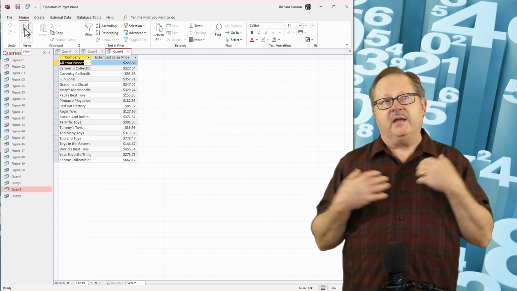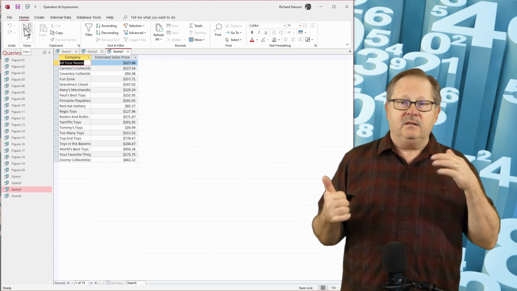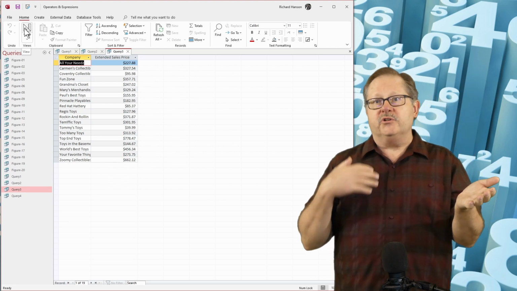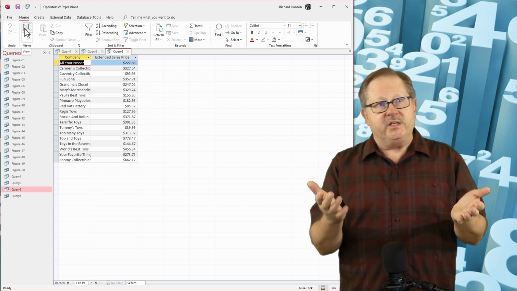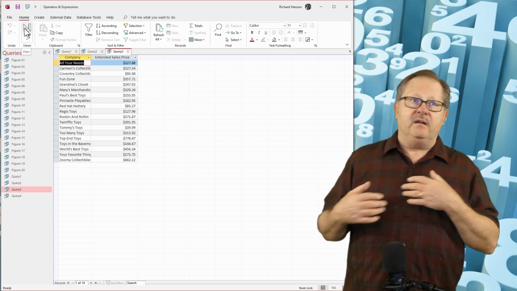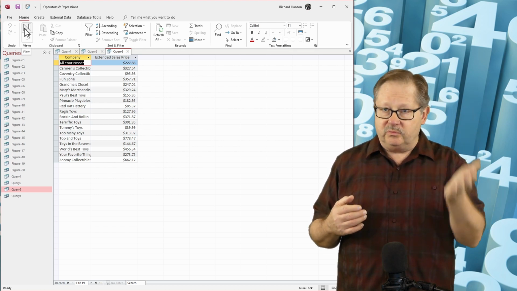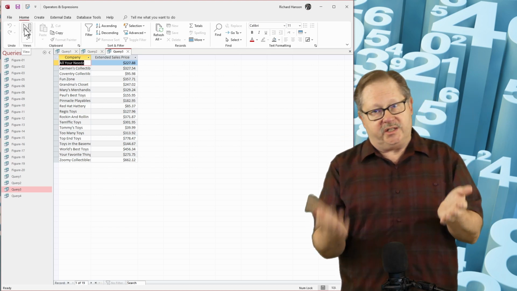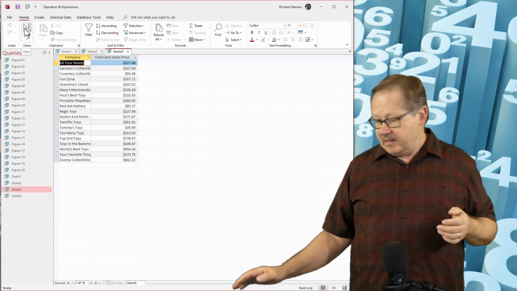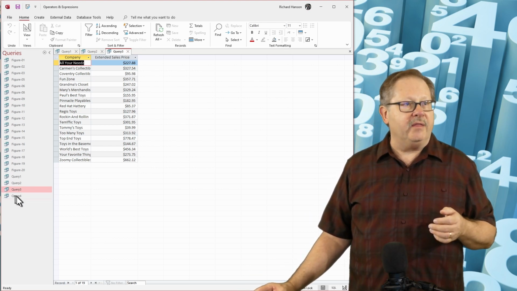Now I can calculate customer profit percent based on the cost versus the extended sales price. And then I can calculate the discount, the suggested retail price versus the extended sales price. So we'll open up Query 4 in Design View and show you how that is done.